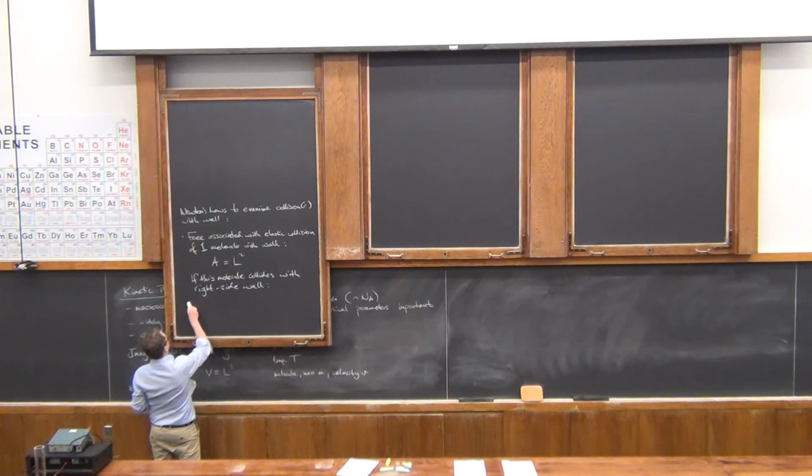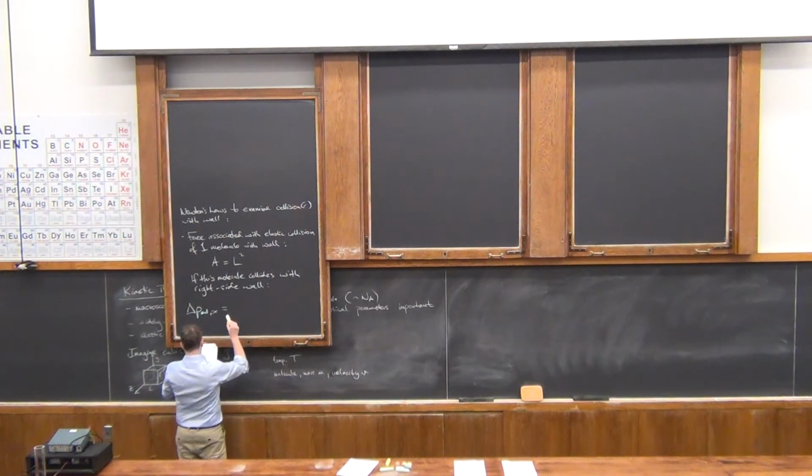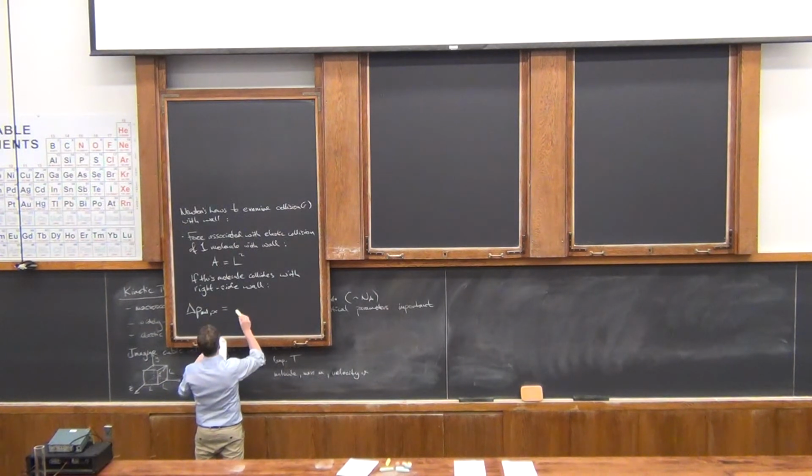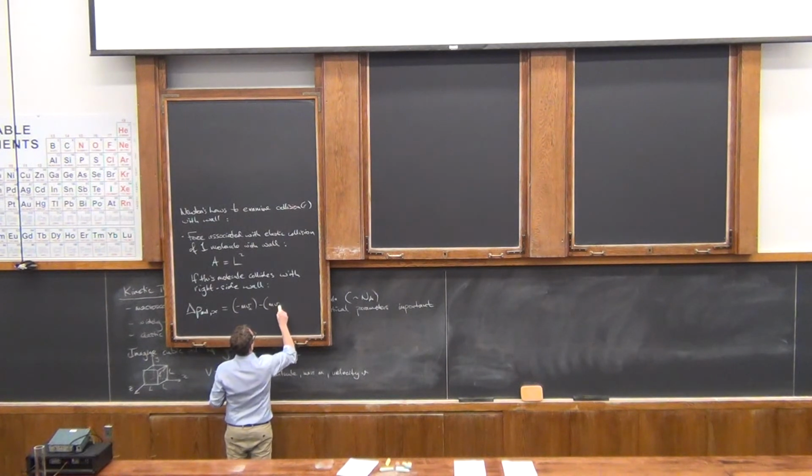There is a change of momentum of the molecule in the x direction. So let me write this down and then we'll make sure you're okay with it. As usual, delta momentum is the final momentum minus the initial momentum. And we're looking at the change of momentum in the x direction, so I just need the x component.